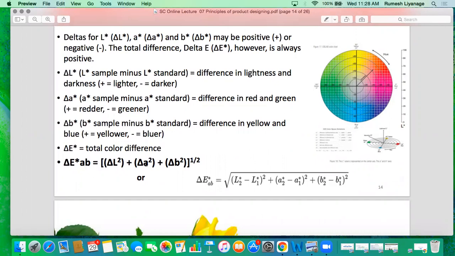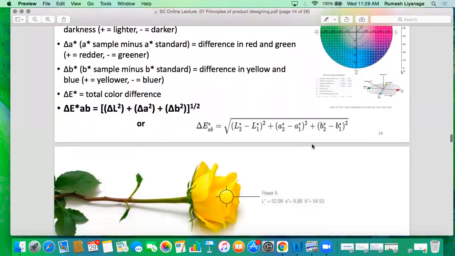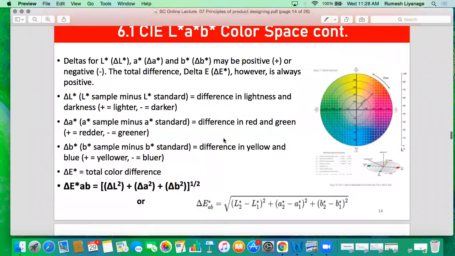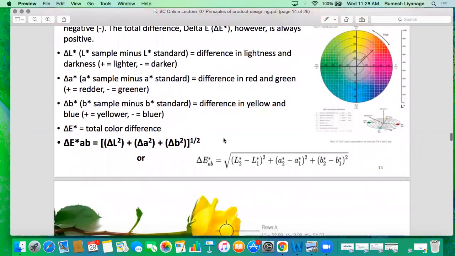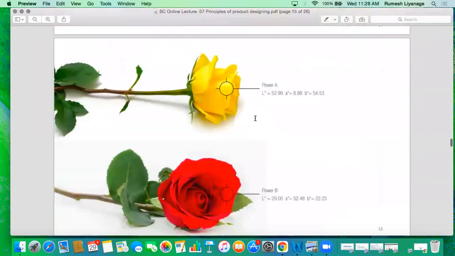It is the square root of delta L squared plus delta A squared plus delta B squared. That is, L2 minus L1 squared plus A2 minus A1 squared, sorry, and B2 minus B1 squared, and then the square root. You know how to write colors, but today you learn how to calculate the difference between two colors.